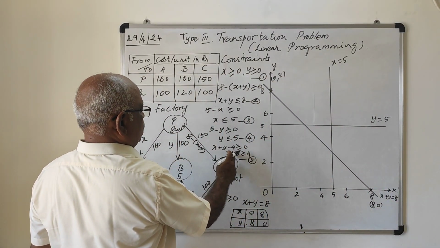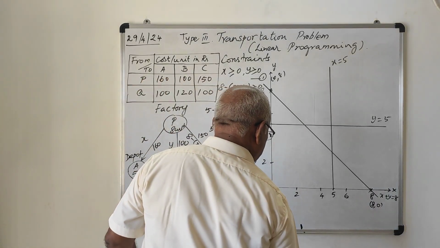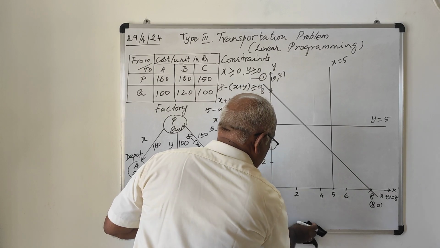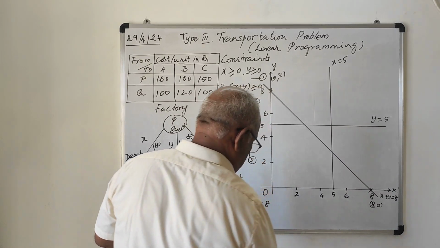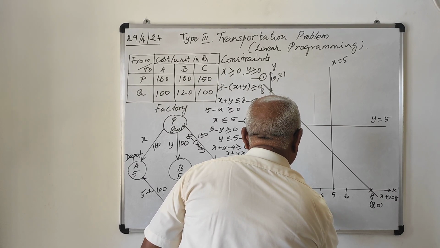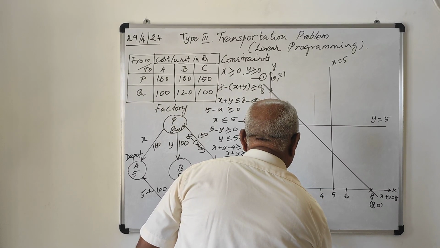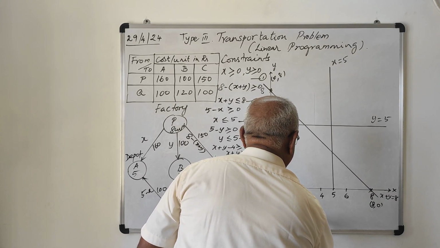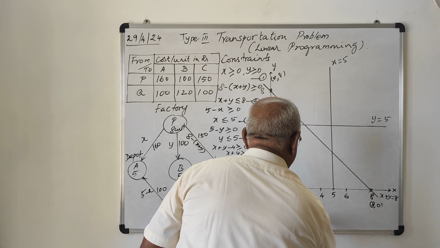And the fifth one, x plus y equal to 4. If x equal to 0, y equal to 4. If y equal to 0, x equal to 4.